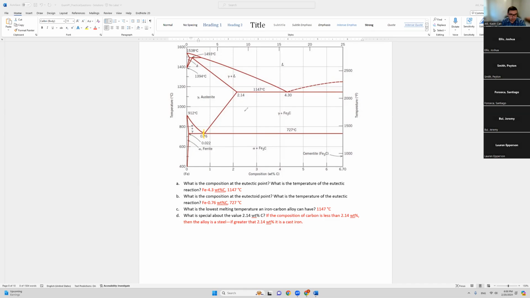To answer this question, you look at this liquid region here. As you can see, 1147 degrees Celsius is the lowest melting temperature an iron-carbon alloy can have.